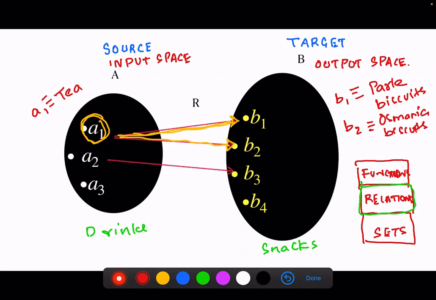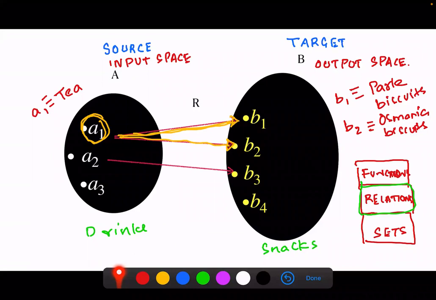Now, what is a domain? Domain is the list of elements in the source set which have a connection with the elements in the target set. The set of those elements is the domain.